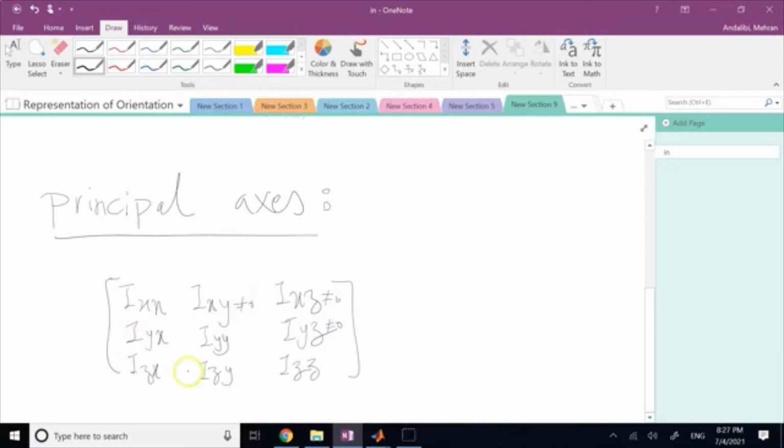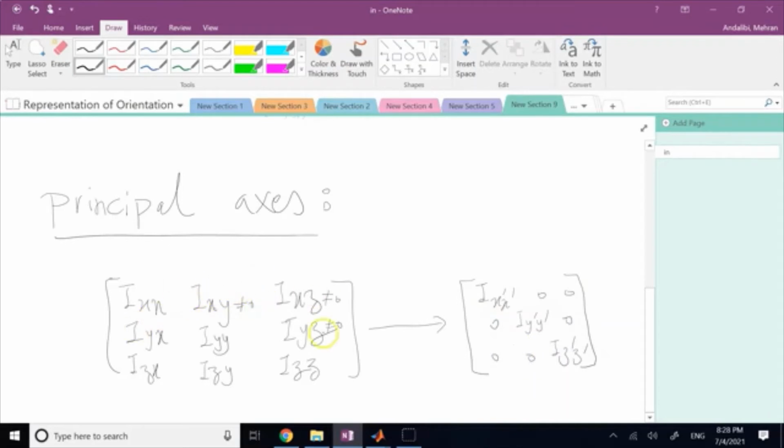And you know, this is a symmetric matrix, so yx is the same as xy, and xz, and yz is the same as zy. Then you could transform this into a set of new frames, which are the rotated version of the original ones. And in this frame, if you call it prime, you had now I x prime, I y prime, I z prime, and everything else, these products, they were all zero.